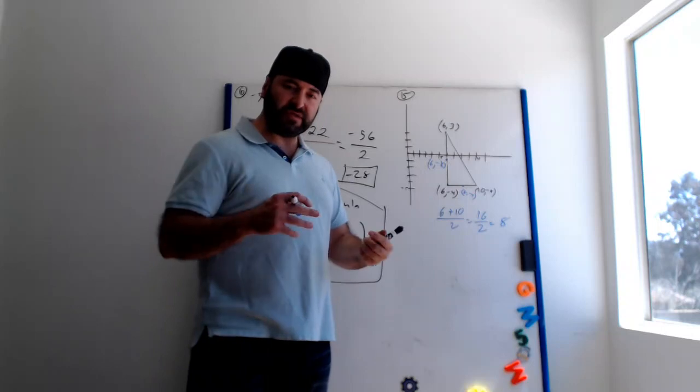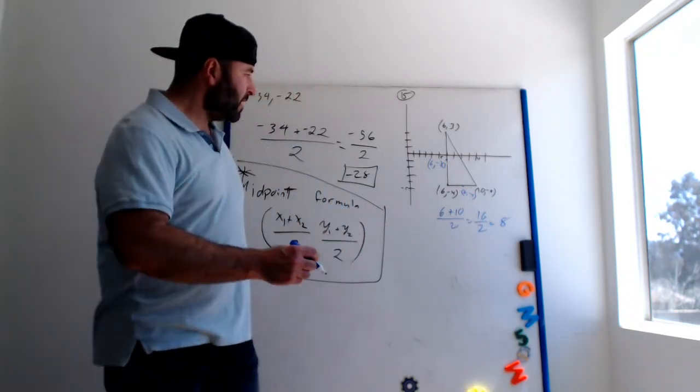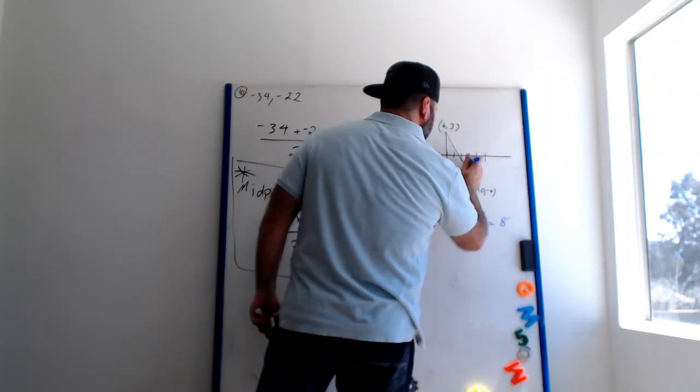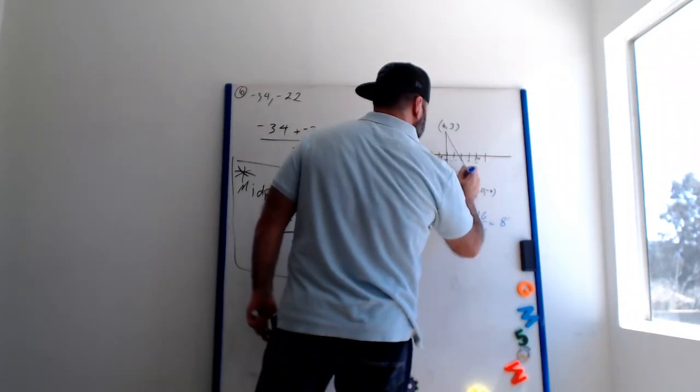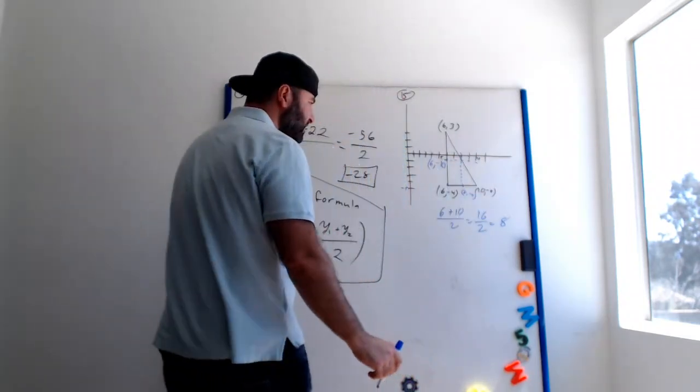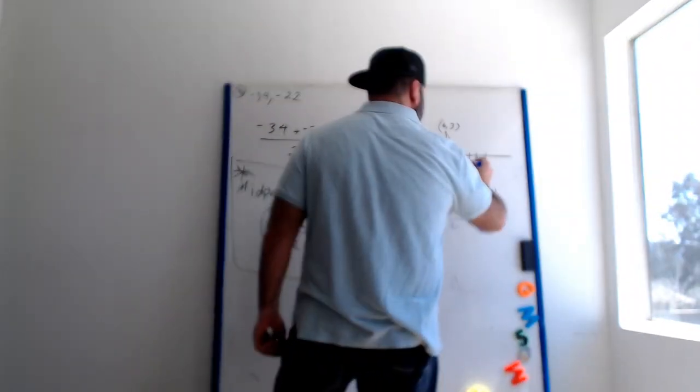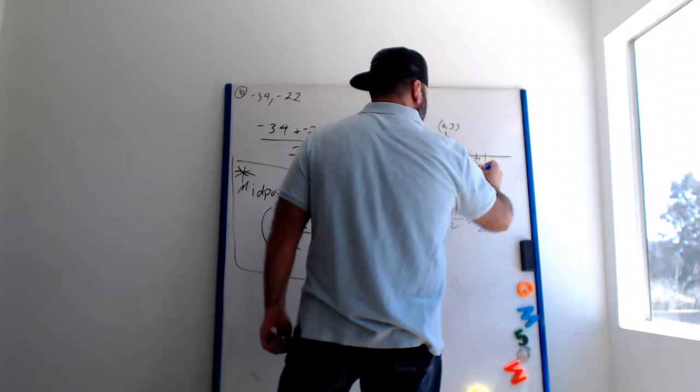If you throw the two together, the halfway of the hypotenuse is where the two intersect, and that point should be at positive 8, comma, negative 1/2.